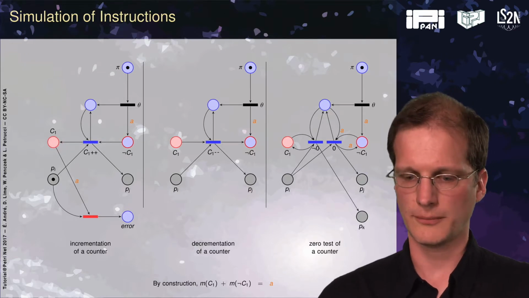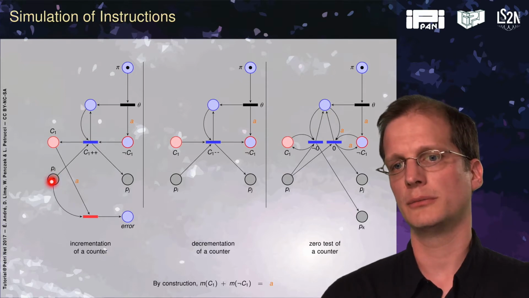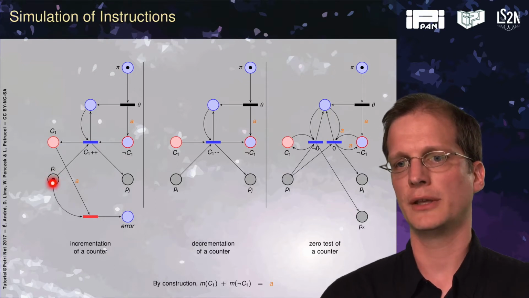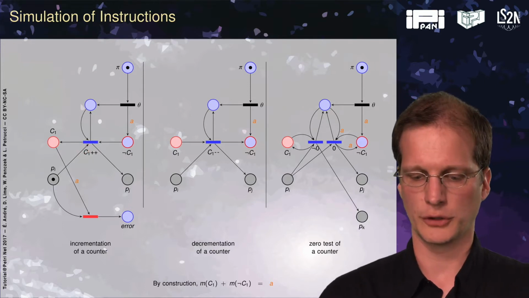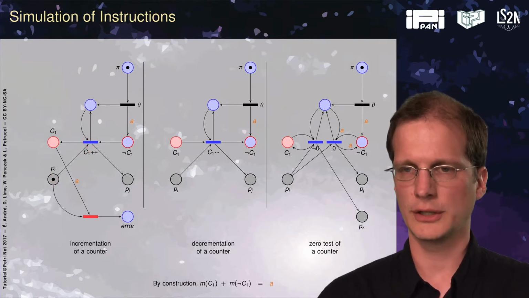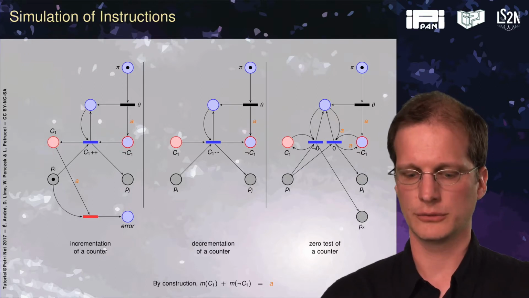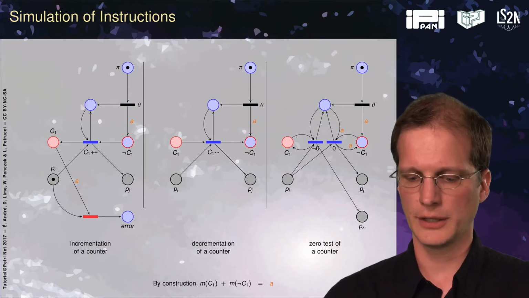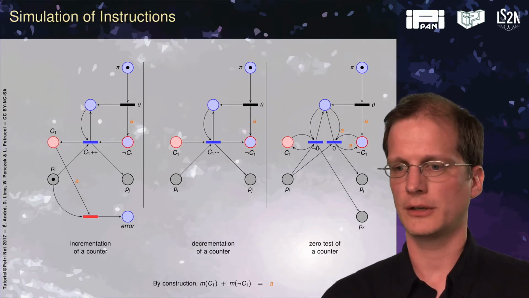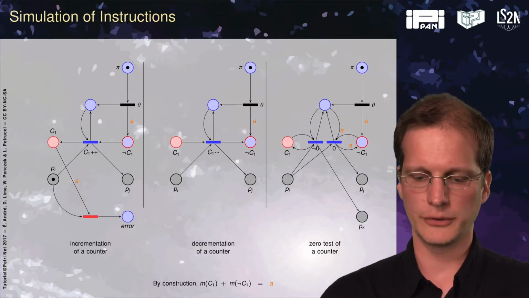So when we want to increment, say we were in this state of the machine, modeled by this place, and we want to increment the counter, so we will fire this transition, take a token here, and put it here. So the value of the counter modeled by the number of tokens here has increased, and the dual place here, its value has decreased.